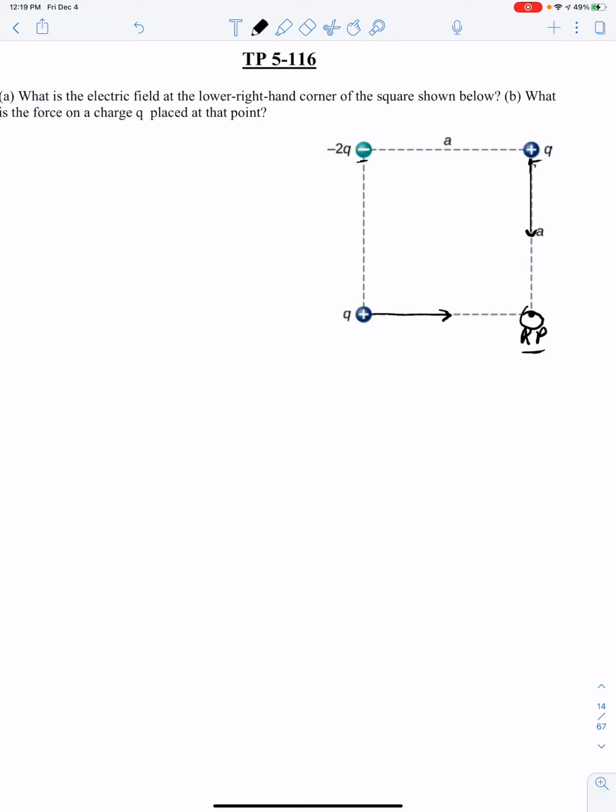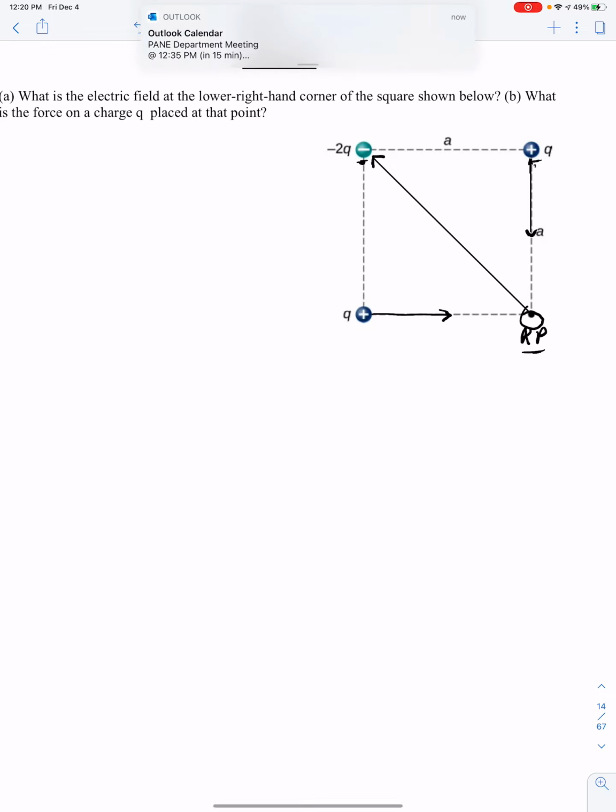Finally, we have the negative charge. The negative charge is a little bit different from the positive just because the field lines go inwards into the charge. It is an electron, it's going inwards.